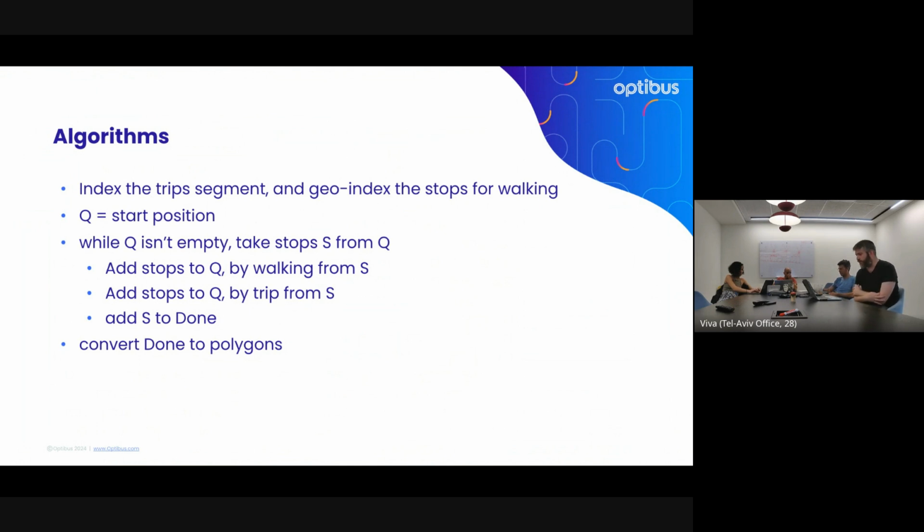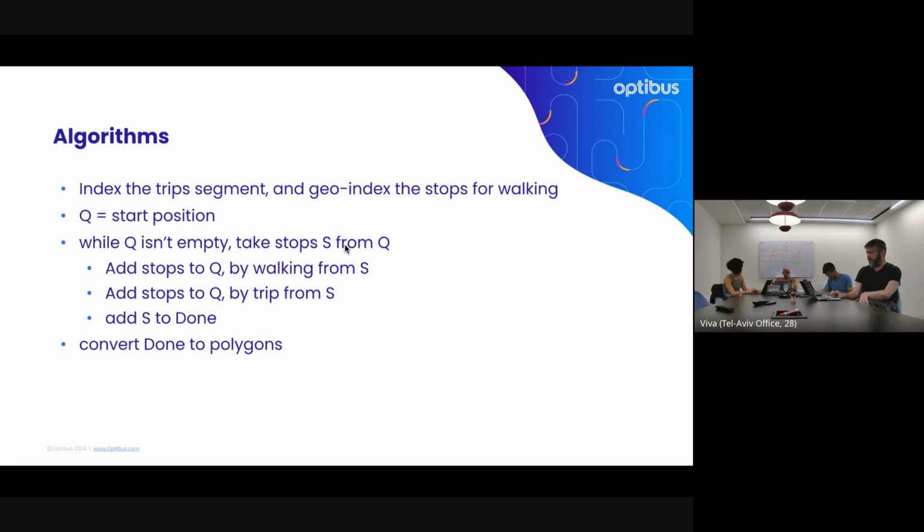I do it so that every time I want to know how much time it will take to go by trip or by walking from stop A to stop B, I get it immediately. After I finish with this indexing, I have a queue of in-progress positions. I start with the start positions that the user chooses. And now, while the queue isn't empty, in the beginning it will include only one place, which is the start position.